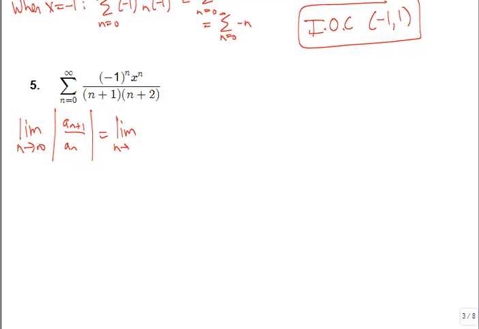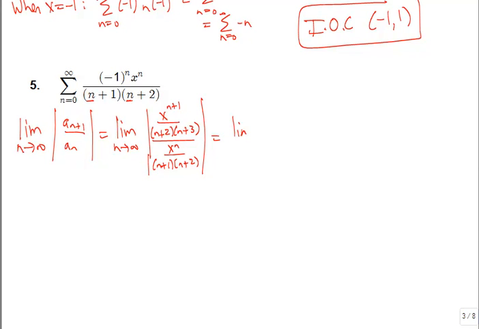That's going to knock out the alternating piece because of the absolute value. So we'll just get an x to the n plus 1 over n plus 2 times n plus 3 when I plug in n plus 1's here and here. And on the bottom for a sub n, I'll just get x to the n over n plus 1, n plus 2.